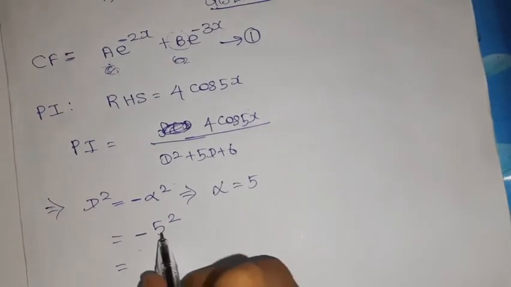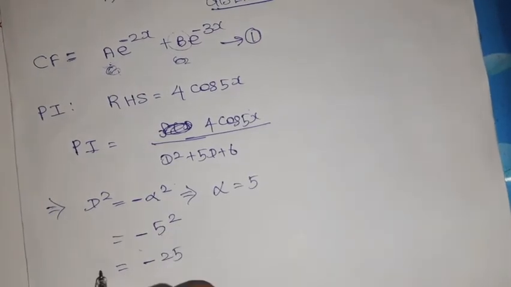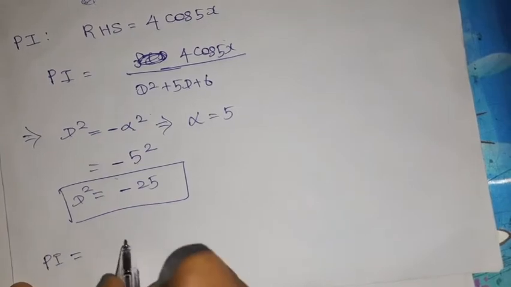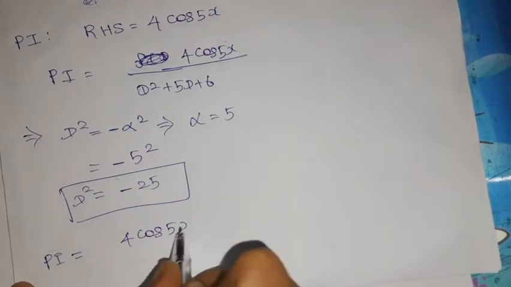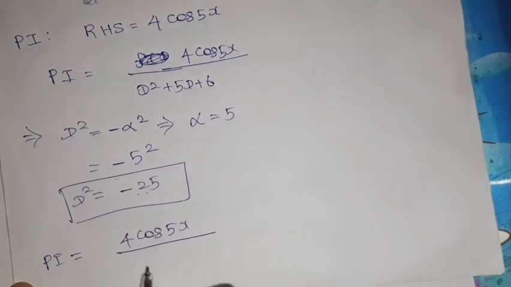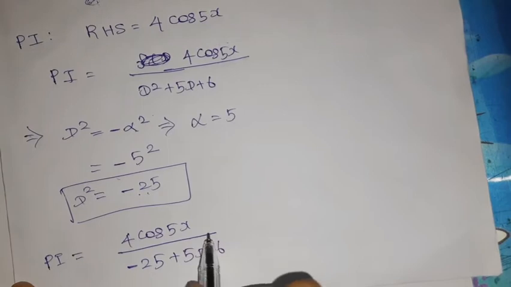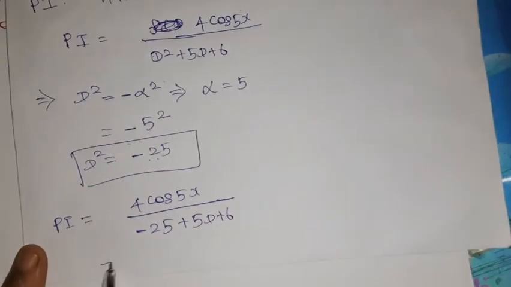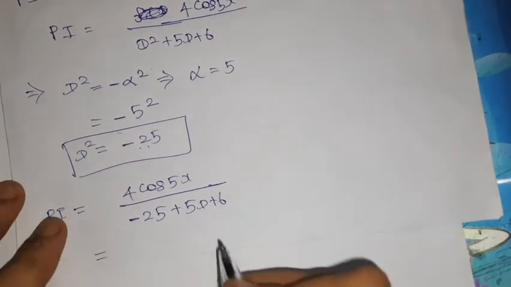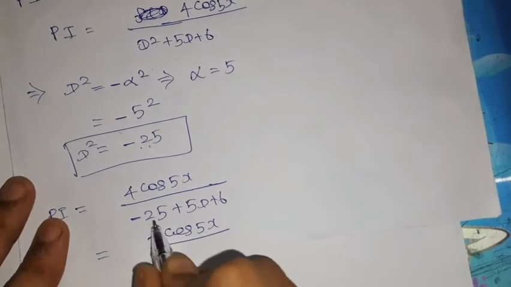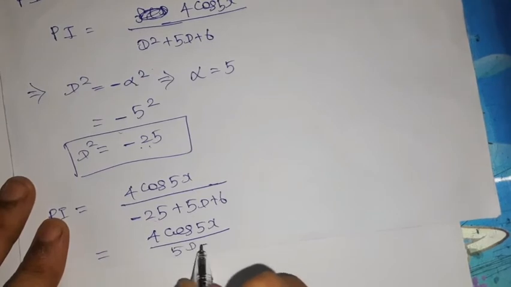So minus 5 squared is minus 25, so d squared equal to minus 25. Just substitute this value. PI equal to 4 cos 5x over, in place of d squared we substitute minus 25, plus 5d plus 6. So minus 25 plus 6 is minus 19, right? 4 cos 5x over 5d minus 19.